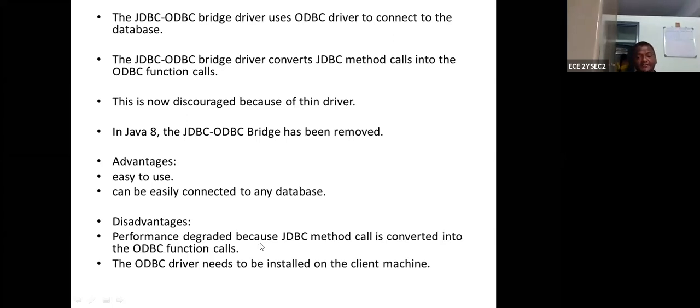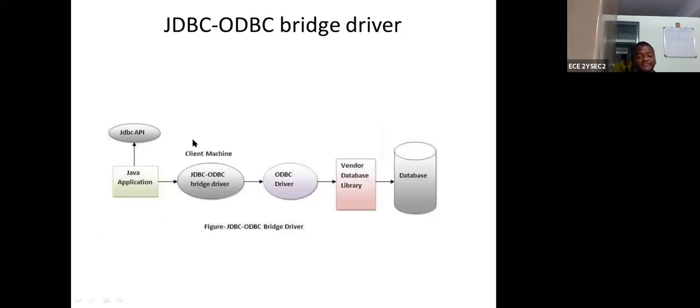Also, the ODBC driver needs to be installed at the client machine. This is the main disadvantage. This is called the client machine, so the client should maintain two drivers, JDBC and also ODBC. Both drivers you should use, and secondly, you should convert. This is the disadvantage. The advantage is easy connecting.